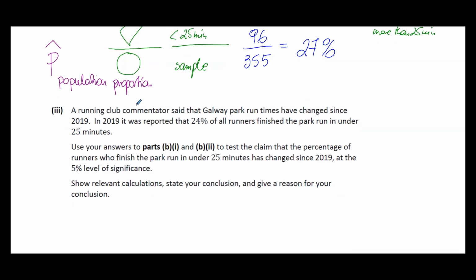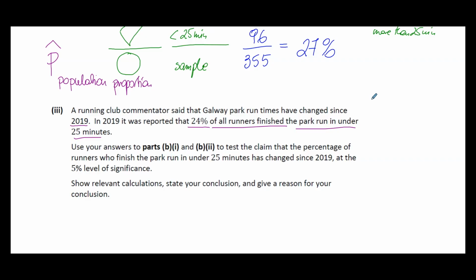Okay. A running club commentator said that Galway park run times have changed since 2019. In 2019, it was reported that 24% of all runners, not a sample, all runners, finished the park run in under 25 minutes.